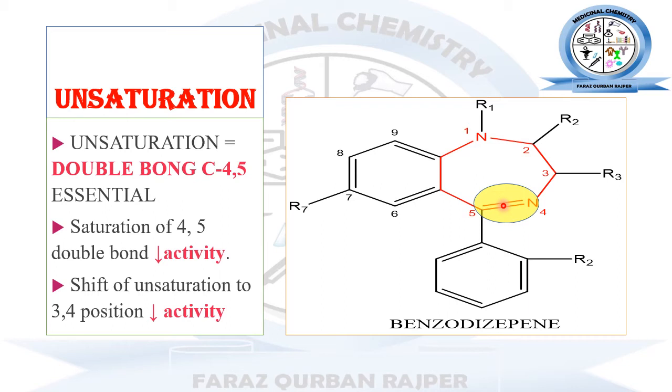If saturation of this double bond occurs, this will cause a reduction in biological activity of benzodiazepine. Or if we shift this double bond from the 4-5 position to 3-4 or any other position in this diazepine ring, this will also decrease the biological activity. So the unsaturation or double bond must be present between the 4 and 5 carbon of the benzodiazepine ring.